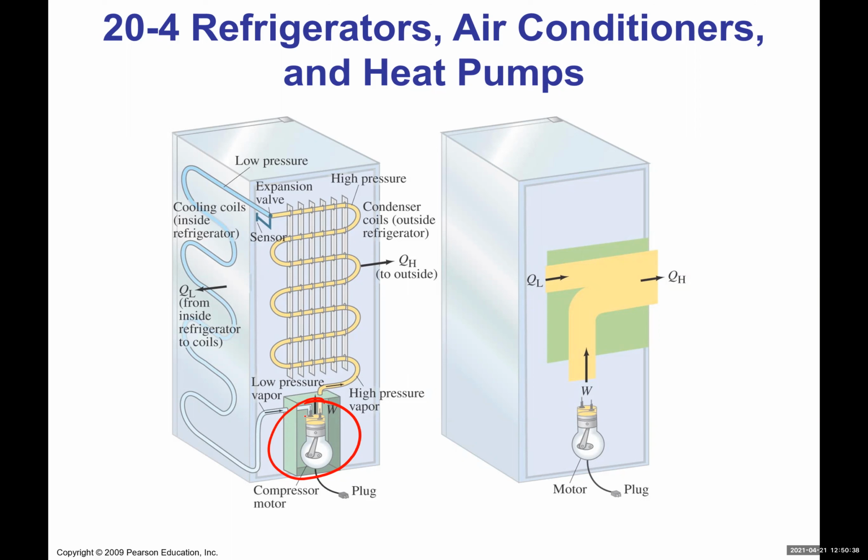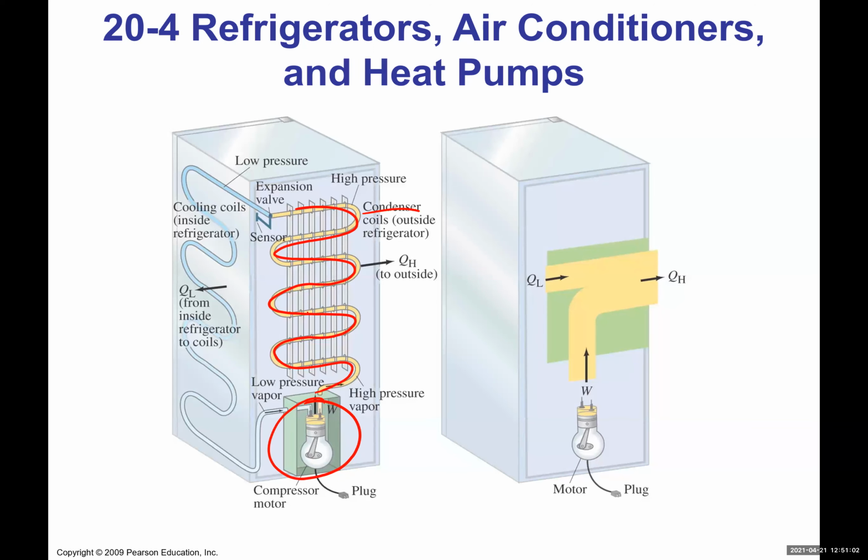That means the inside of the refrigerator must be kept cool. What it does is this compressor motor, right, forces the gas to go through this high pressure heat exchanger. That's basically the condenser coils.